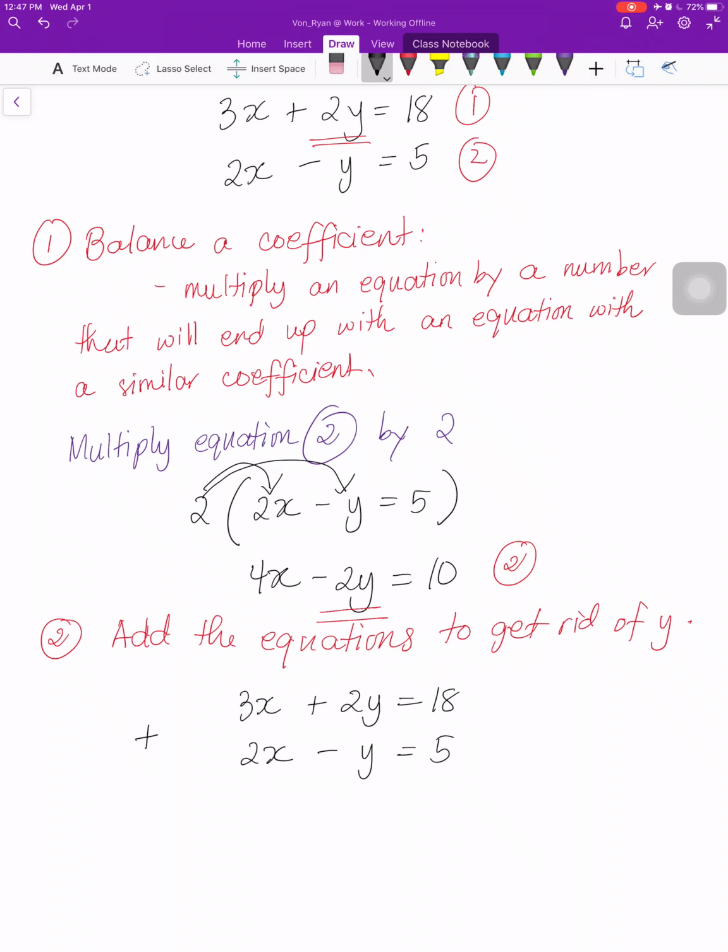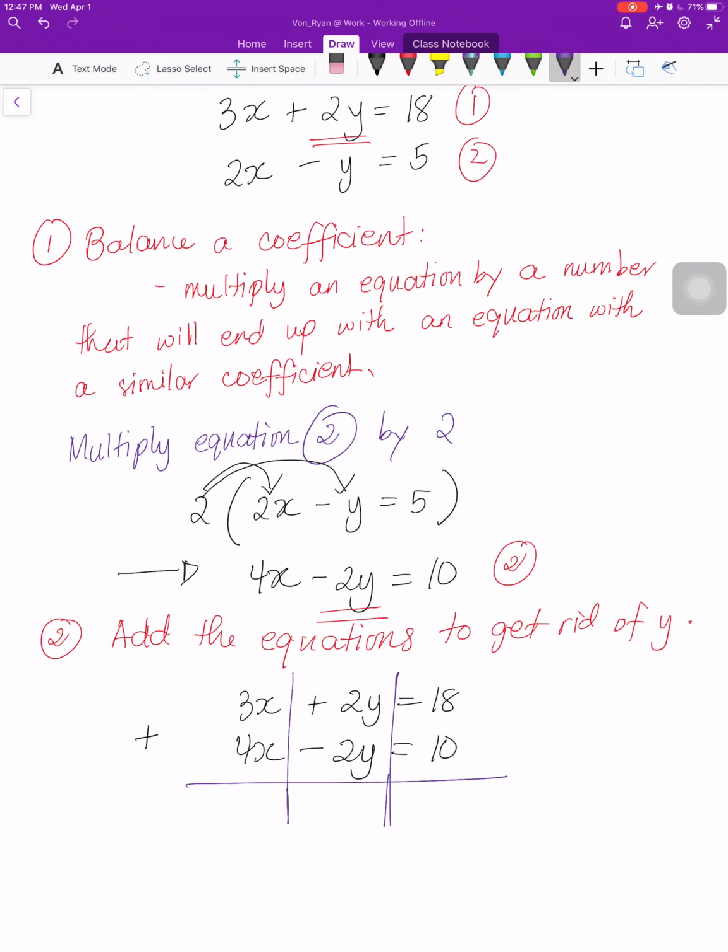Let's put a division there so we don't get confused. So when I add that, oh sorry, this is now 4. The equation 2 is now different. So equation 2 is now this one, 4x minus 2y equals 10. Sorry about that. So you're going to use the new form of the equation so you can cancel it.